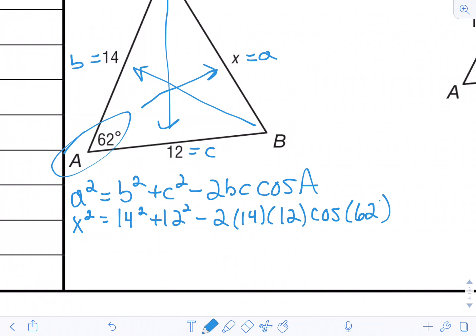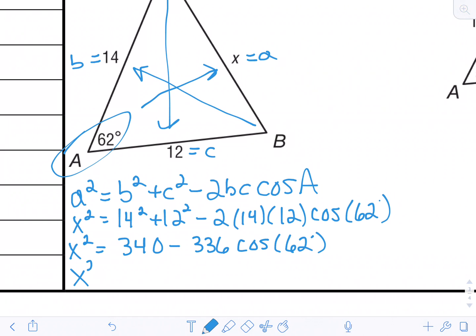Okay, so now 14 squared plus 12 squared would give me 340, minus 2 times 14 times 12 gives me 336, and I have the cosine of 62 degrees. I'm just going to leave that in there for right now.